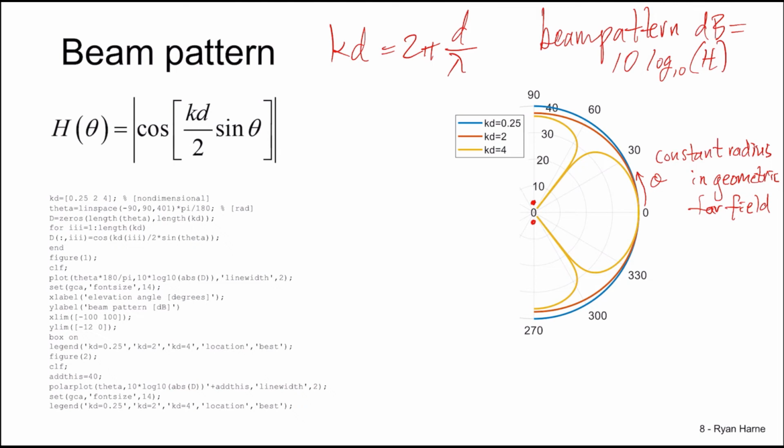But when the frequency goes up and the KD goes up, this means that at the extremities, when the angle is close to 90 degrees, we have slightly less sound radiated to those locations than we have when theta is equal to 0. And finally, in the case when KD is equal to 4, we have a null.